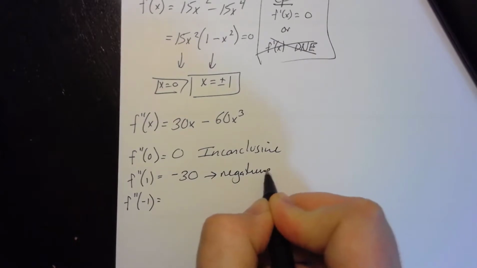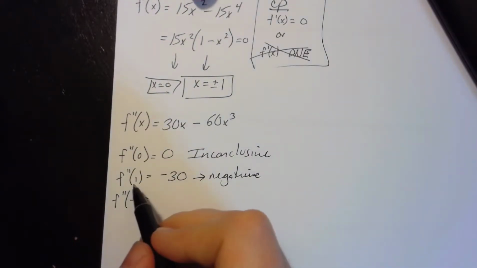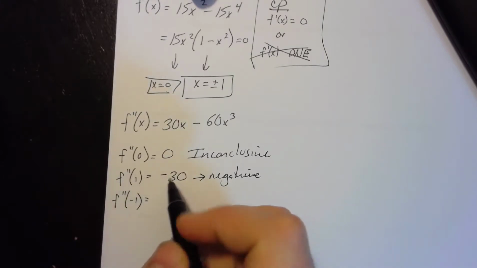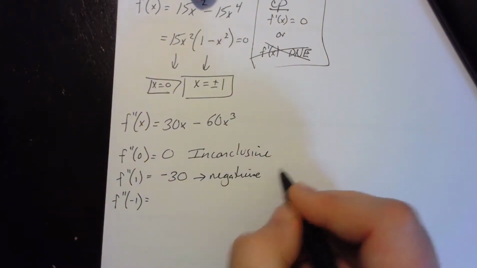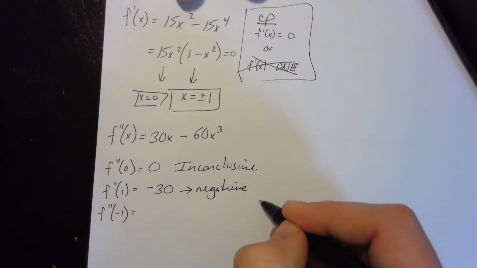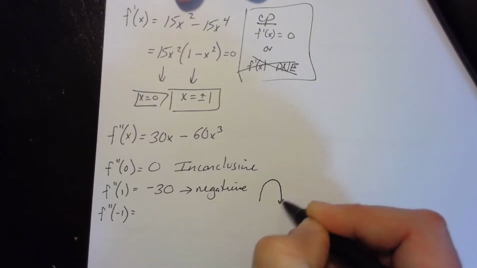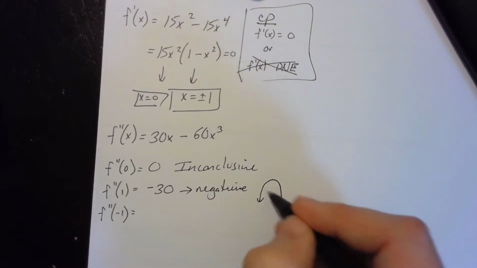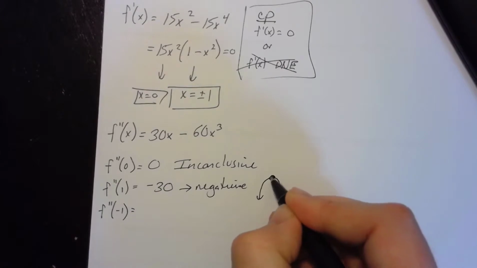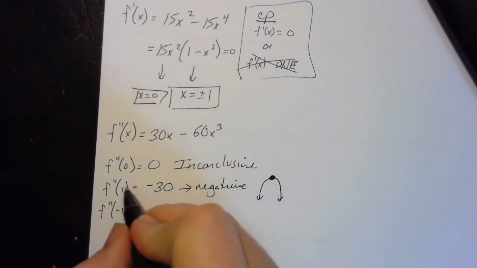Now, let's talk about what this means. At the value of 1, the function's second derivative is negative, which means that at 1, which could be a location where there's a max or a min, we should see a concave down function. It could be concave up everywhere else and concave down in other places, but at that location, that's the point at the top of that loop.